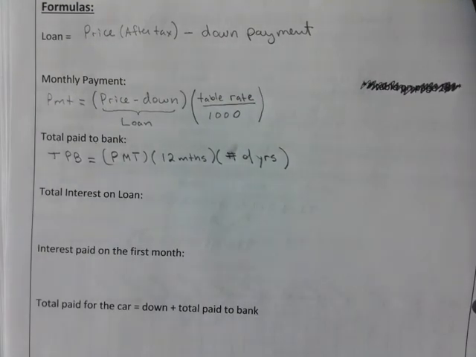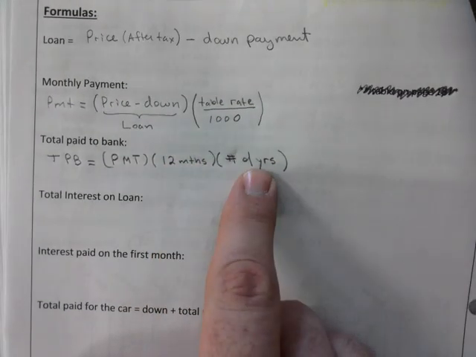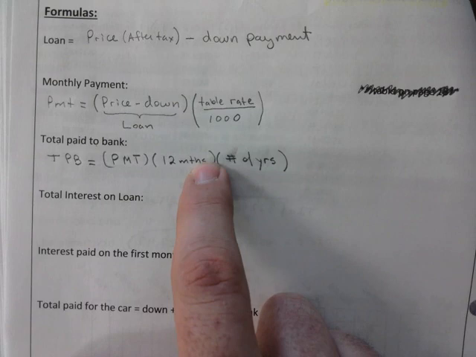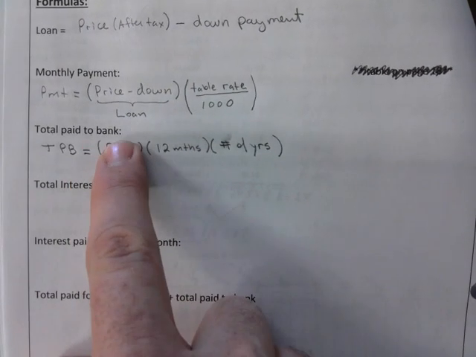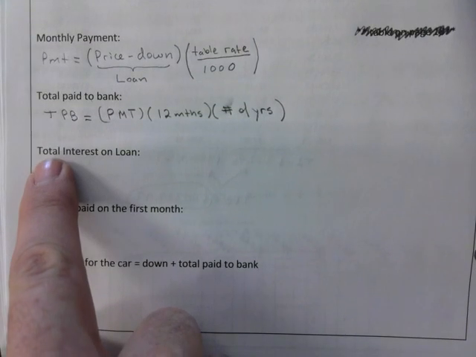So let's say it's a 4-year loan, 12 times 4. That's 48 payments of whatever that payment is, okay? So that's how much you will have paid back to the bank.